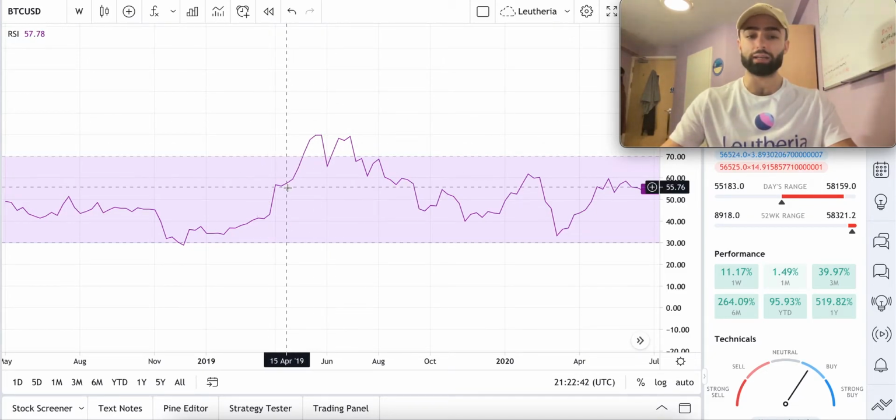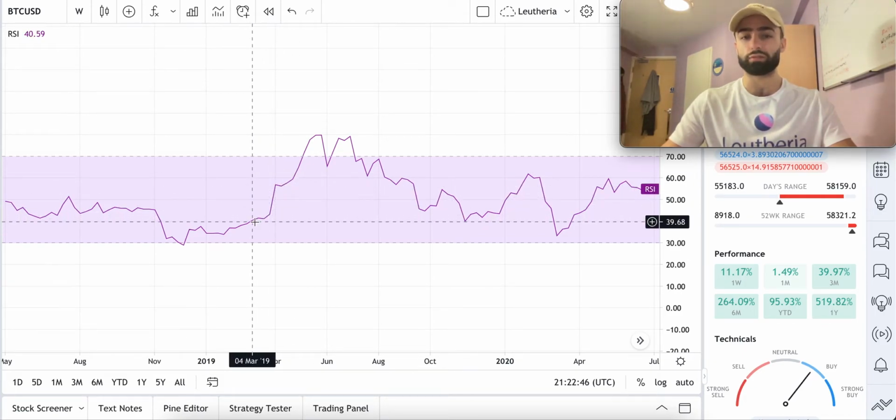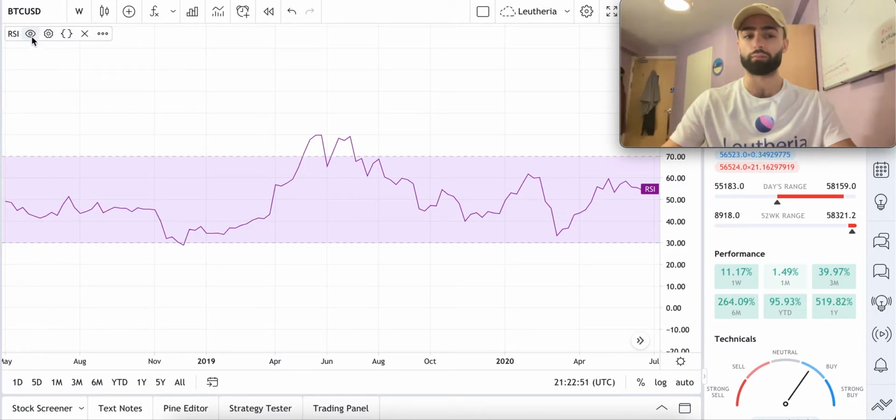And the oscillator itself, the purple line, is just telling you what the relative strength of the asset is at any given time, and it assigns it a score. You can see that right there. Whenever I move my vertical line, it changes the number that we're seeing based on where we are.